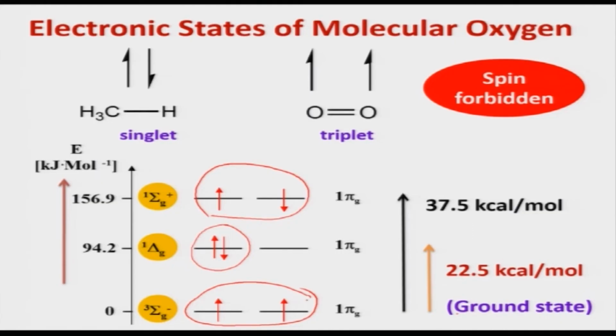So, once you provide energy, then and only then can dioxygen convert from triplet to singlet and thereby react with any organic molecule. So, this is a kinetic barrier which dioxygen needs to cross for its reactivity.